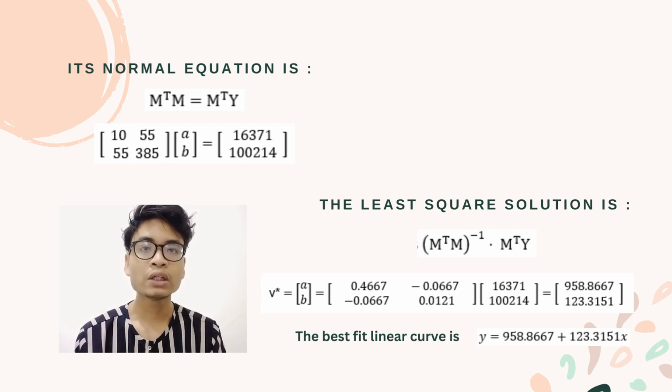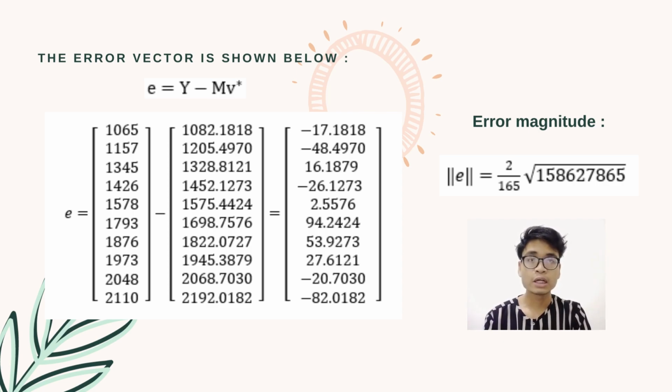So the linear equation is y equals 958.8667 plus 123.3151x.